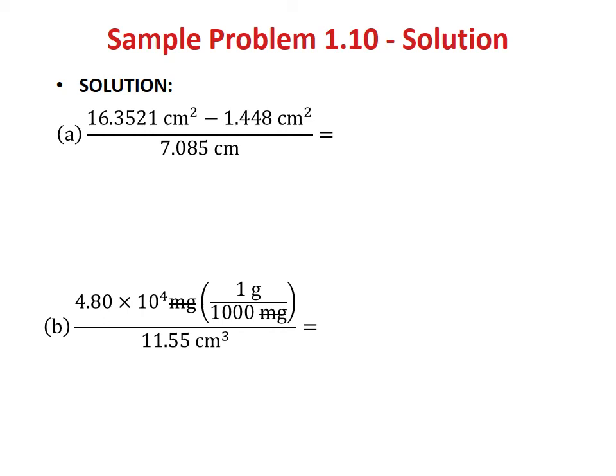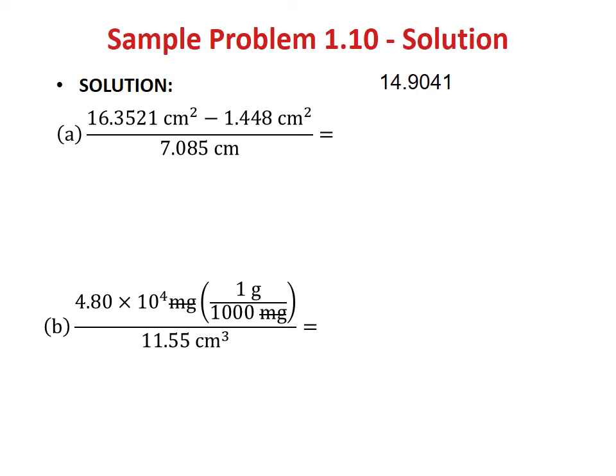Okay, we can use a calculator first, do the subtraction. So the answer from the calculator is 14.9041. Now we need to decide significant figures or decimals. Because it's subtraction, the rule for addition and subtraction is we need to look at the fewest decimals.